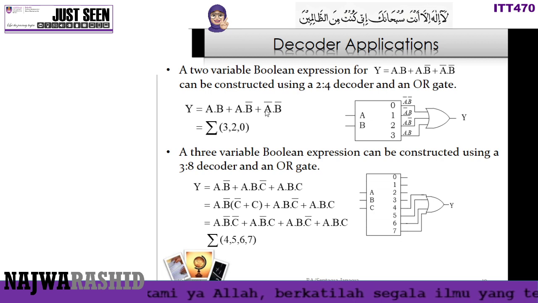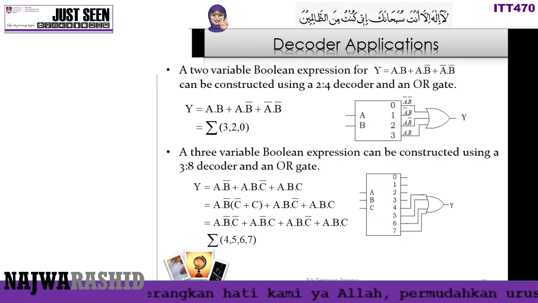Based on this equation, we identify that we only have 2 inputs, which are A and B. So if there are 2 variables, the most possibilities is 2 power of 2 equal to 4. So AB will produce either 0, 1, 2, 3.